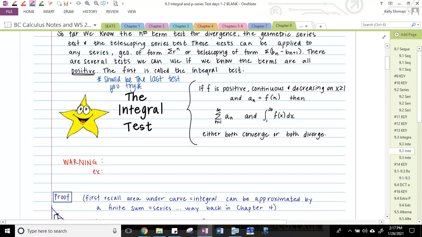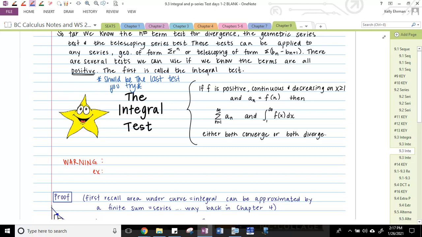We're going to learn a lot of different tests this chapter, and the last thing I want to do is have an integration problem. So there are some problems that can be tackled with a few different tests. If you have the option, you would not choose the integral test if you can avoid it. All right, so you might need to pause the video to write this part down.